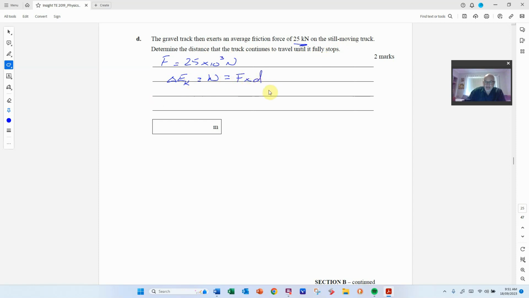So the change in EK from previously, when it got up to the top, it had 2.09 by 10 to the power of 6 joules of kinetic energy. So that's all going to be converted back to the work done to stop it. So the force is 25 by 10 to the power of 3 times by D. So divide both sides by 25 by 10 to the power of 3, and that gives you a distance travelled of 83.8 metres.